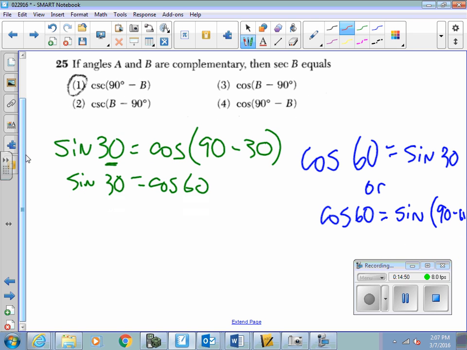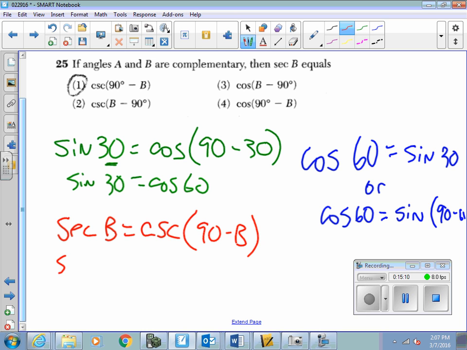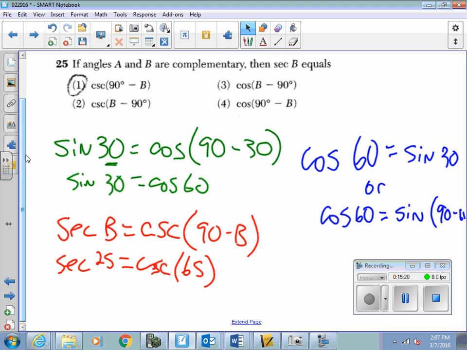So secant of an angle B is equal to the cosecant of 90 minus that angle, whatever it is. So if you had the secant of 25, that's equal to the cosecant of 65, and so on. So that's why you have that answer right there.